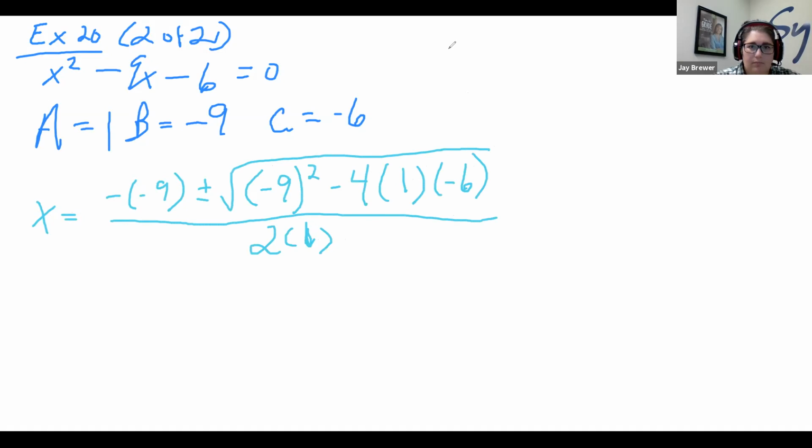That's a 1. Okay. And if you go through and simplify, you're going to end up with x equals 9 plus or minus square root of 105 over 2.